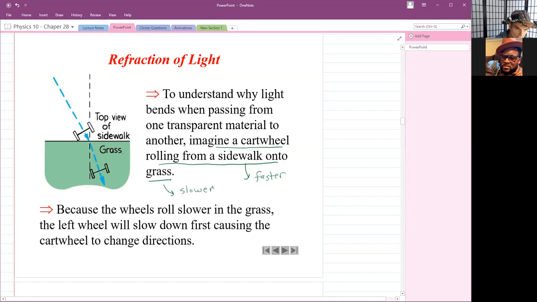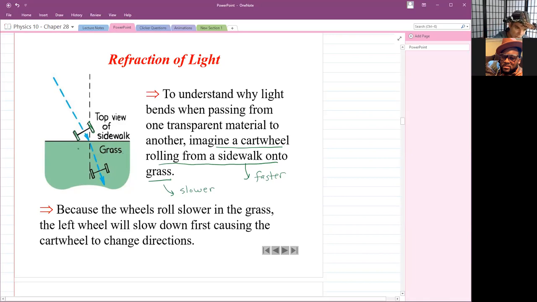Well, here, imagine I had just these two cartwheels, and they are rolling and they go from the sidewalk to the grass. If the wheels don't hit at the same time, so one wheel hits the grass before the other, then that wheel is going to slow down, assuming that it rolls faster on sidewalk than it does on grass, while the other wheel is still moving the same speed it was before.